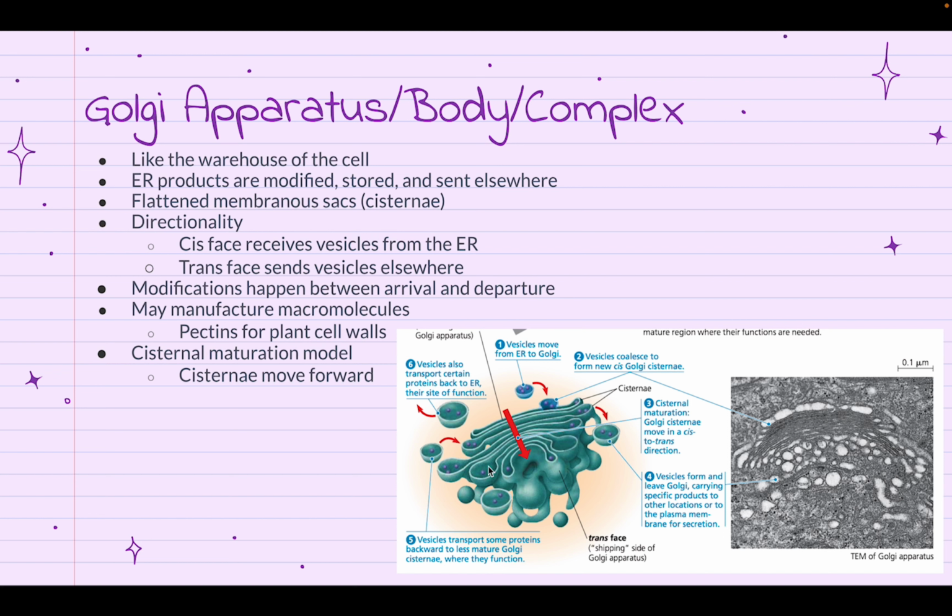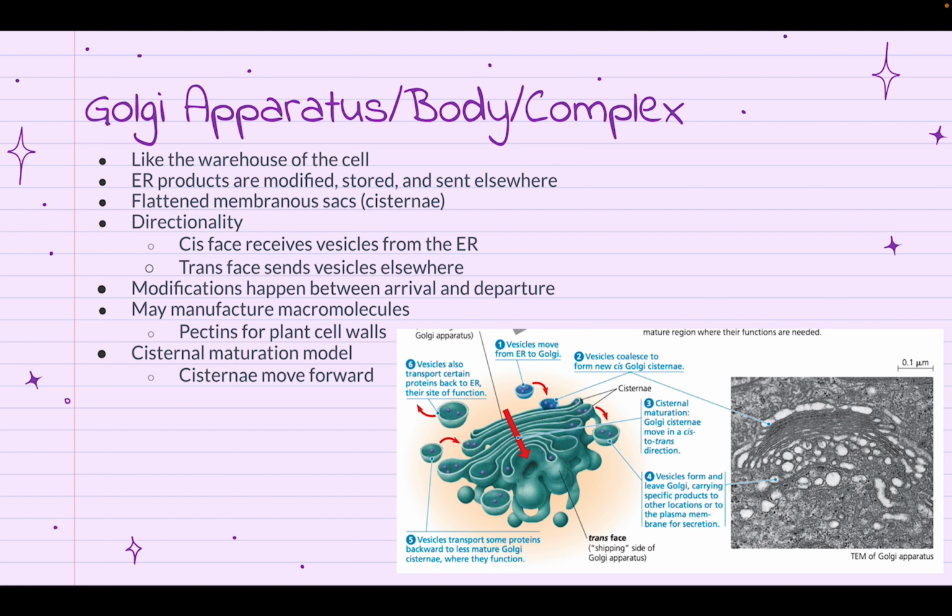In addition to that, the Golgi apparatus can also manufacture macromolecules, including pectins for plant cell walls. In fact, when plants divide, the cell plate that forms in the middle of a plant cell comes from the Golgi apparatus. All of those materials bud off from the Golgi apparatus, so it's got a lot of functions.